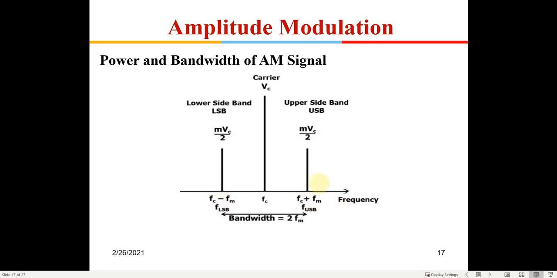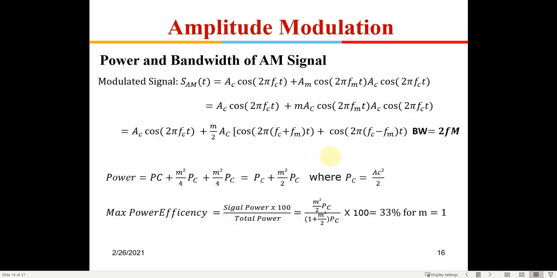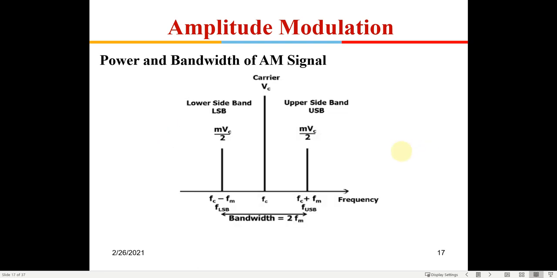These are another two frequency components which will be there. So there are three unique frequencies in an AM signal. These will have an amplitude of MVC by 2 each. This comes from this equation; from this equation there are three frequency components, and that is what is shown here. So the total bandwidth here you can clearly see is 2 FM.